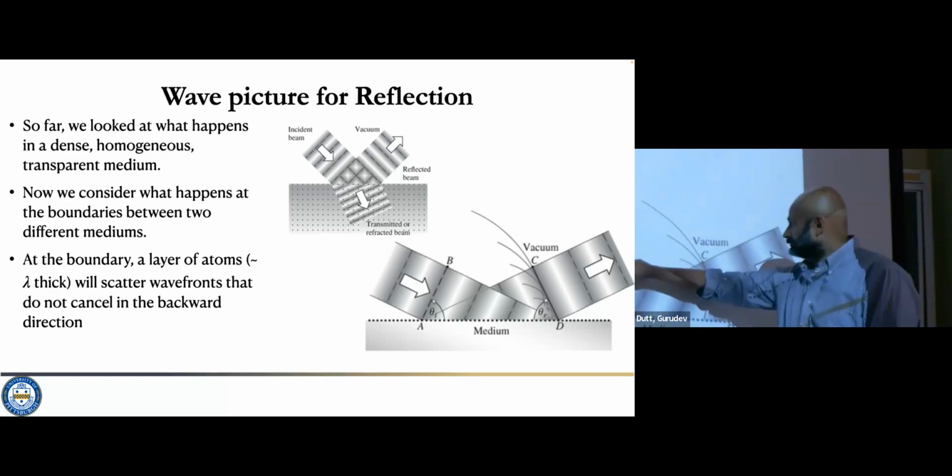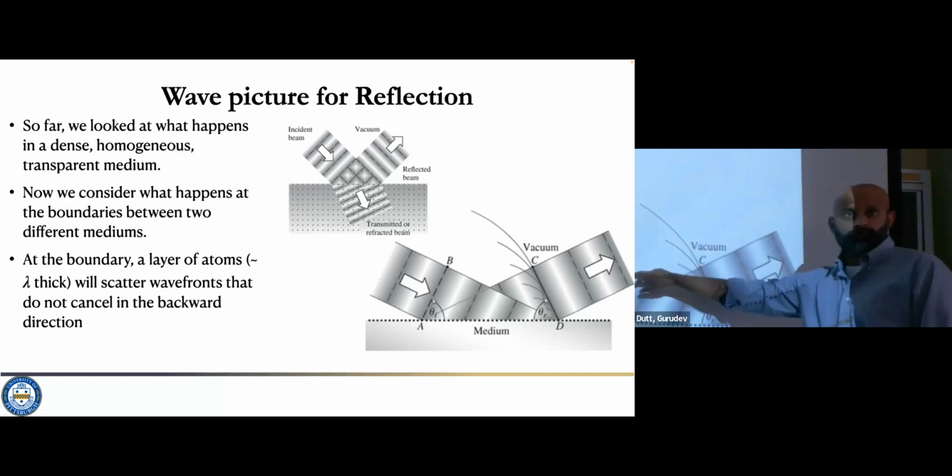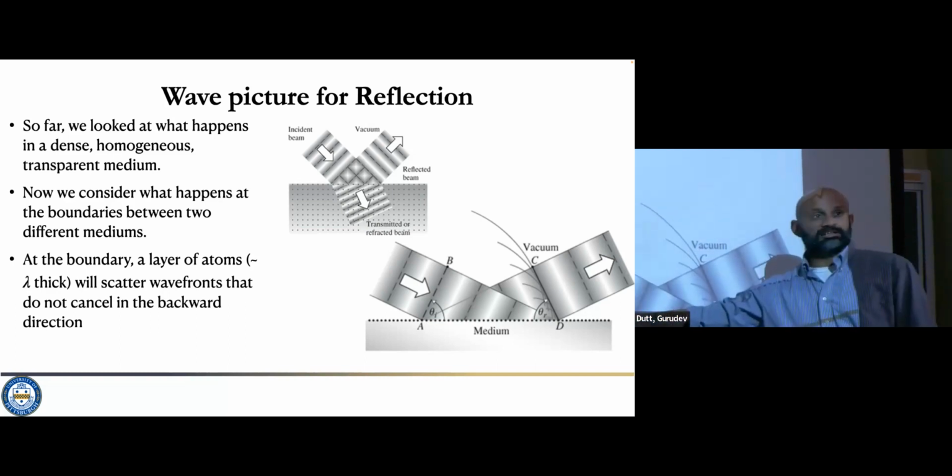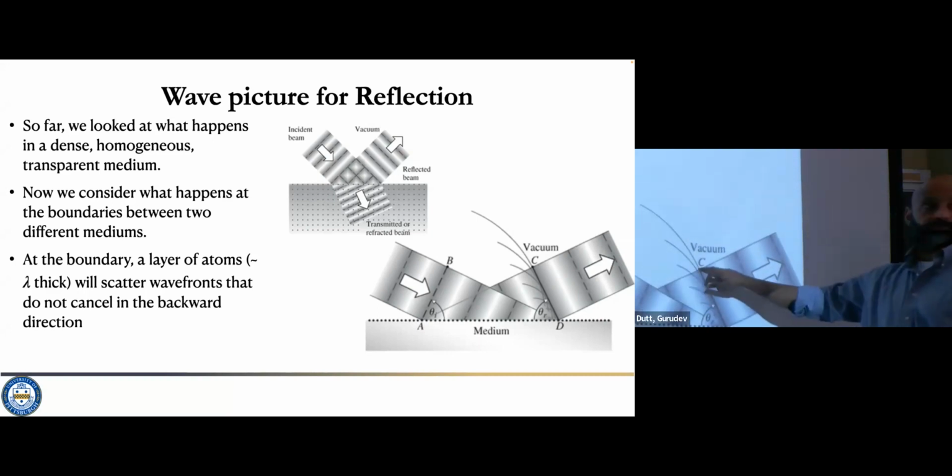Now let's run the wavefront forward by a time t. B now reaches the point D here on the surface. At the same time, this point A from which the reflection is taking place, that wavefront would have propagated to the point C.